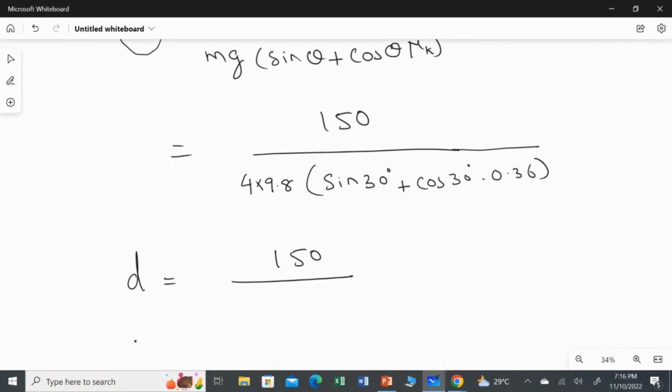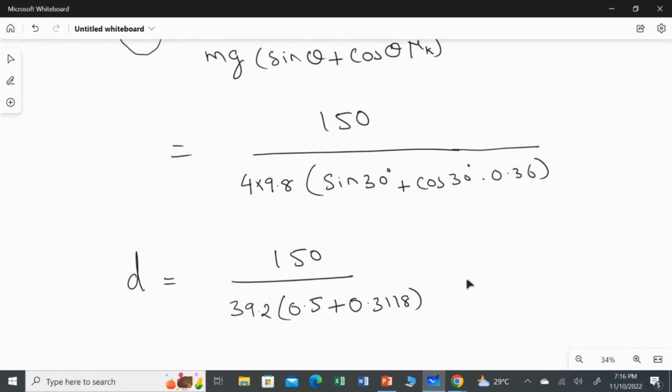So 4 multiplied by 9.8, I got 39.2 here. Sine of 30, it's exactly 0.5, plus cosine of 30 degree, I got 0.8660 multiplied by the mu k value 0.36. So I got the answer as 0.3118.